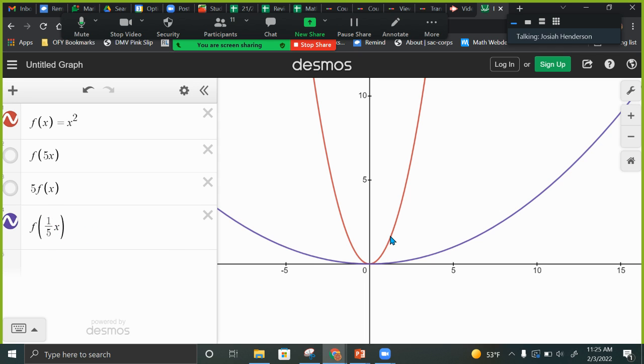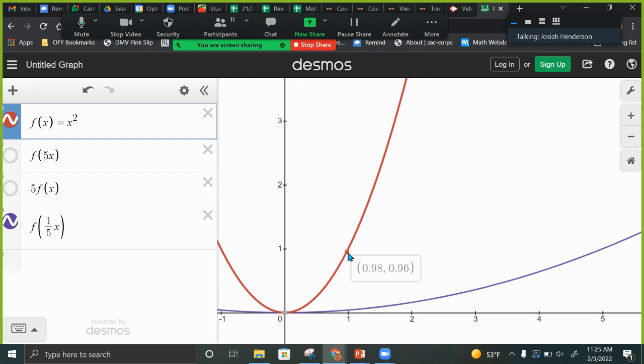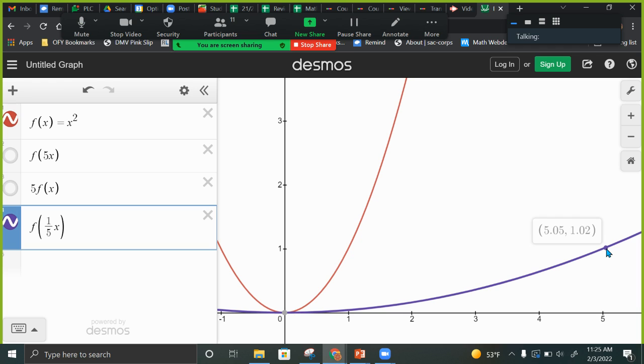So this has been stretched out by a factor of 5, the reciprocal of 1/5. So it's been like pulled over. If I go to 1, 1 on my parent, right here, that 1, 1 has been pulled this way to 5, 1. Stretched out horizontally, right there, 5, 1. Opposite of what it looks like. It's horizontal because it's inside the parentheses.